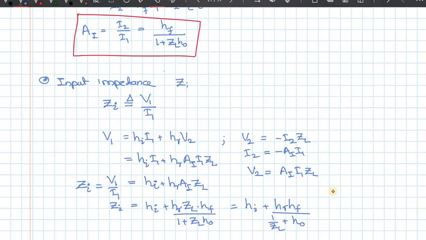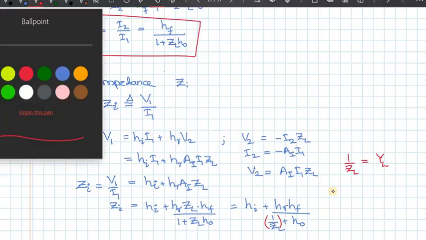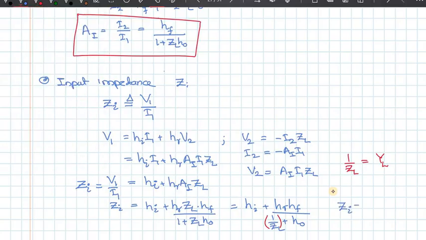And noting that this term 1 over ZL is the load admittance, so therefore I can also write this as my input impedance is equal to hi plus hr hf over YL plus ho. ho is an admittance, and we are representing the load as also an admittance.